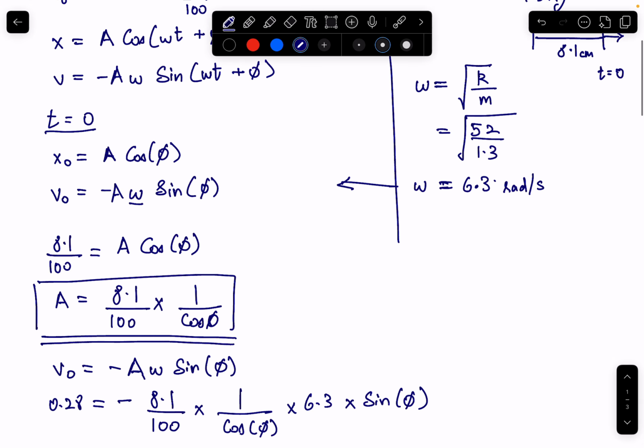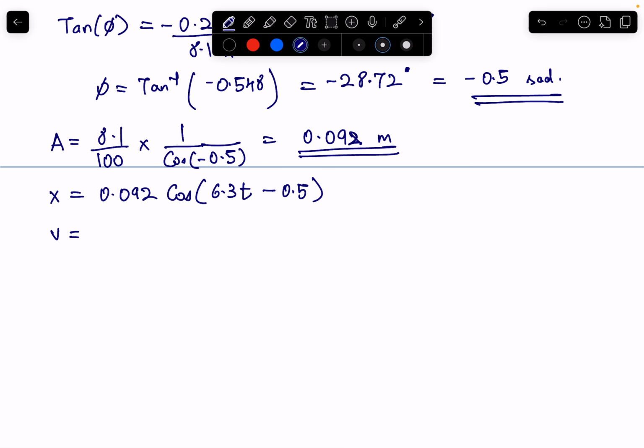So x is 0.092 cosine of 6.3 t minus 0.5 radians, and v is equal to negative 0.092 times 6.3 sine of 6.3 t minus 0.5 radians.